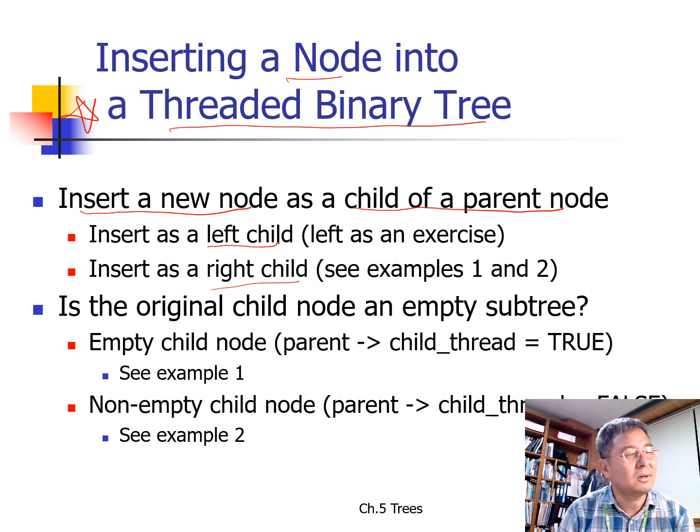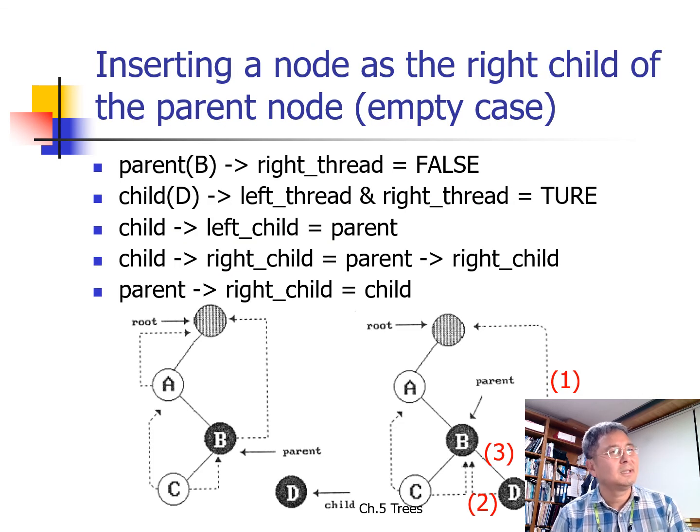Another case is whether the original child node is an empty subtree or not. So there are so many cases we can think of in a threaded binary tree.